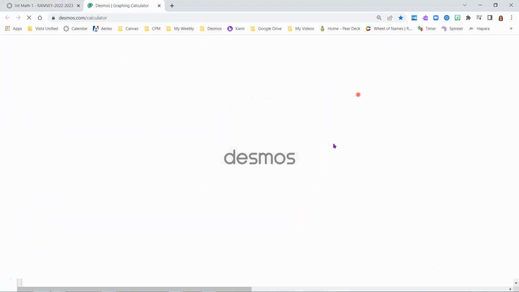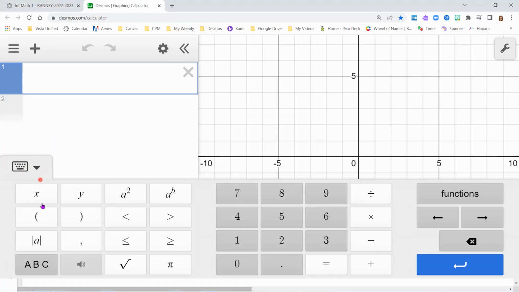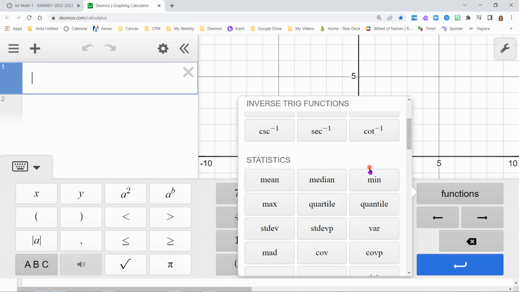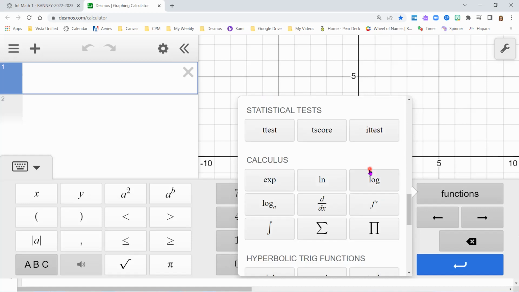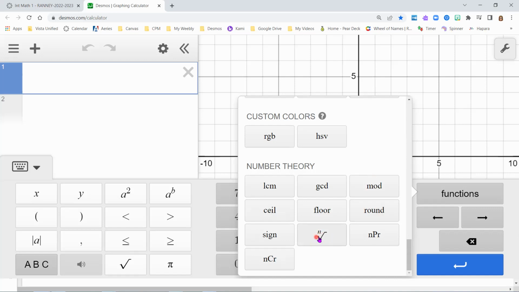But if I'm using this Desmos here and I want to do a cube root, I'm going to come to this keypad and come over here to functions. If I keep scrolling, I will see that this one here is any root.